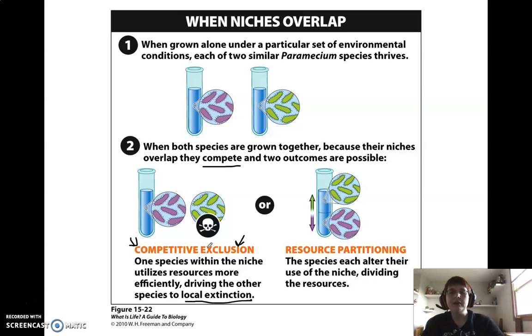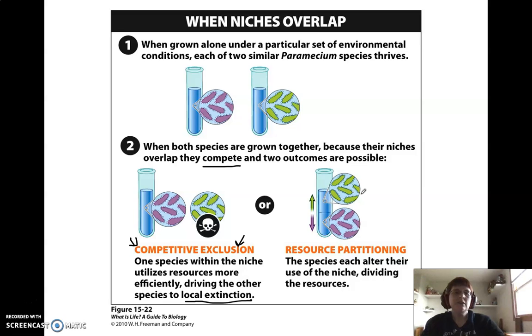So we've got competitive exclusion, where one species uses those resources more efficiently and drives the other species basically to extinction. The other option is what we have over on this side, resource partitioning, where the two species alter their niche to divide up the resources.